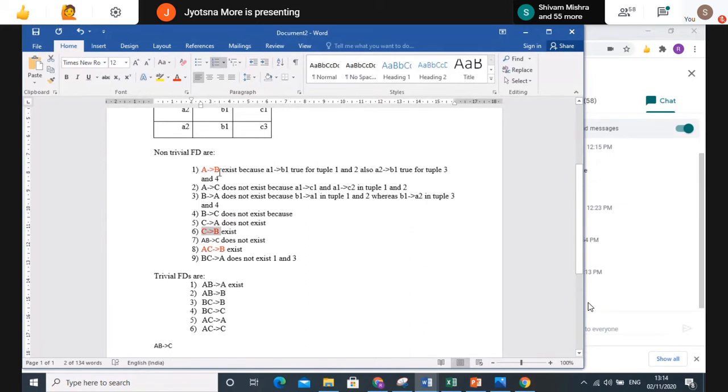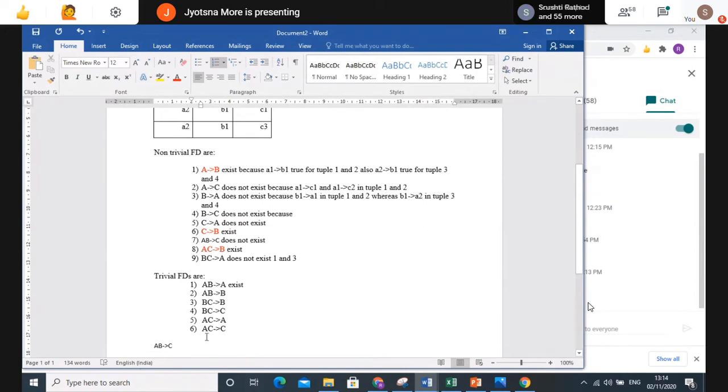If I am keeping these two as my final answer and I take the union of these two functional dependencies, I will get AC determines B only, right? Which means whatever we have done is correct. That is just cross checking the answer.